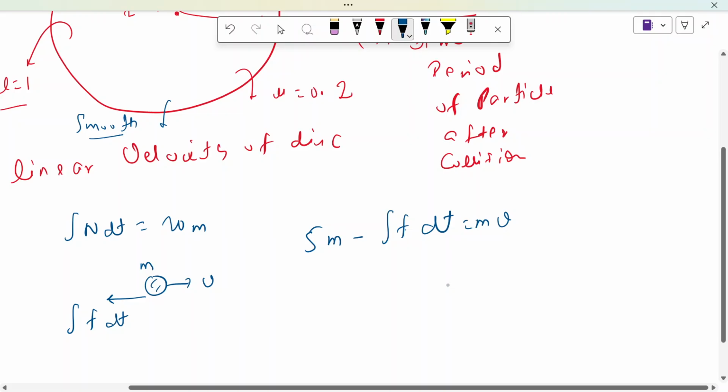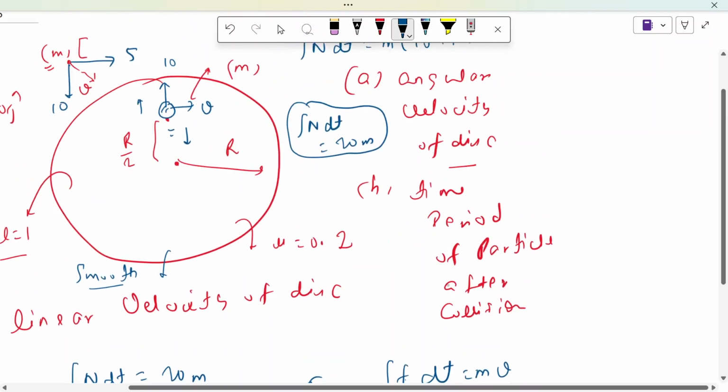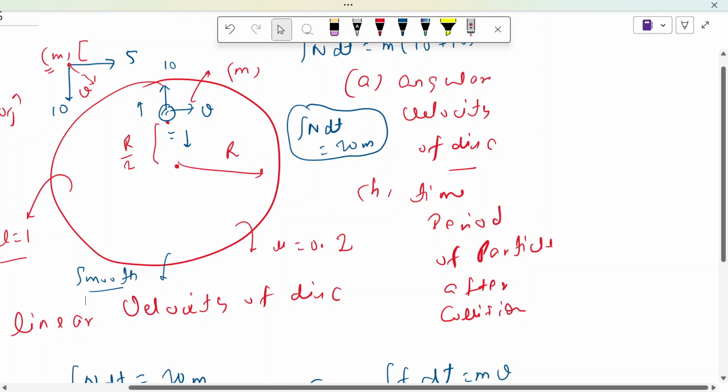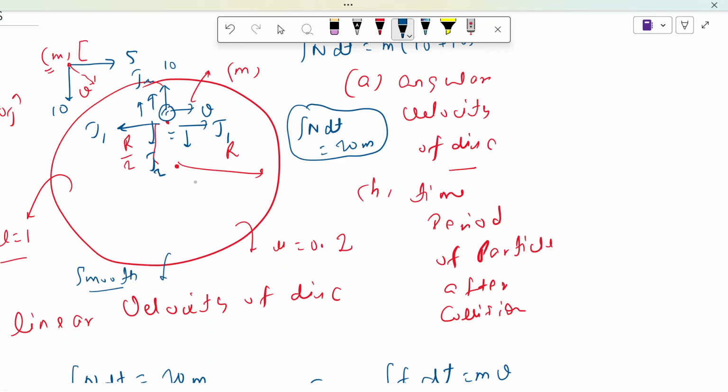Effectively it will provide two impulses on the disk, j1 in the downward direction and j2 in the upward direction. j2 has no significant effect on the disk because it is on the ground, so it is balanced by the normal provided by the ground itself. j1 is giving a horizontal velocity to the disk as well.